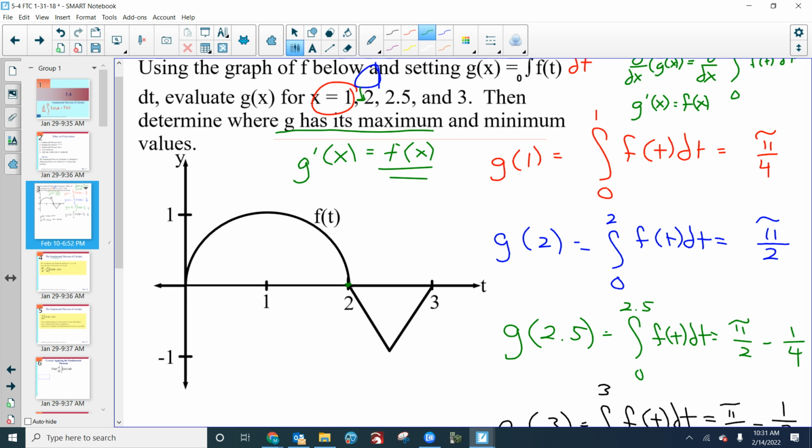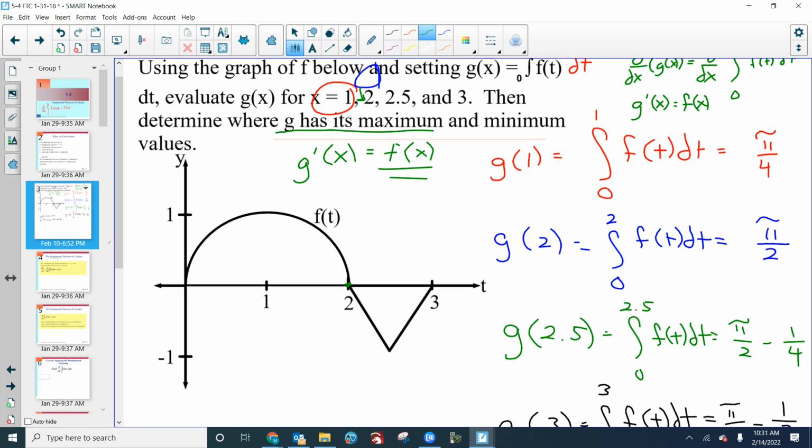Where does g have a minimum? Does g prime, does f, ever change from negative to positive? No, but what else do we need to look for? Endpoints.